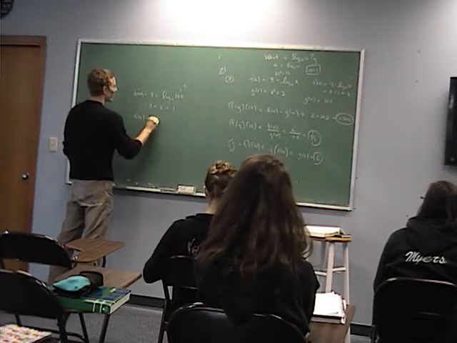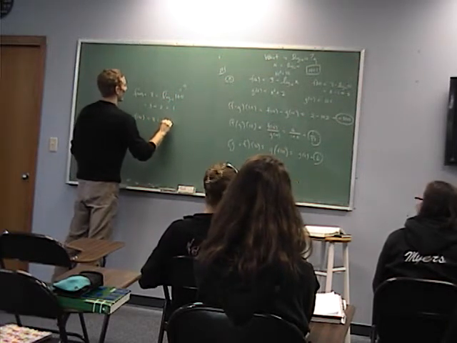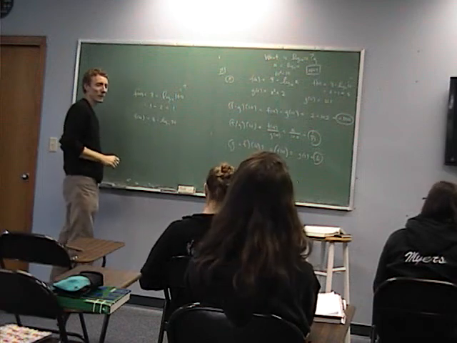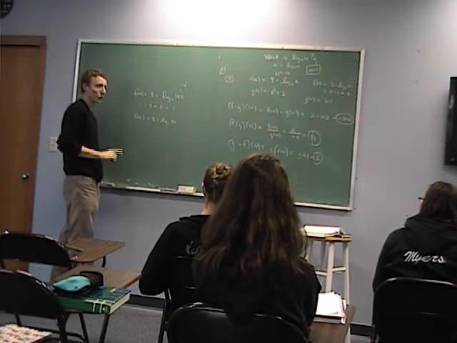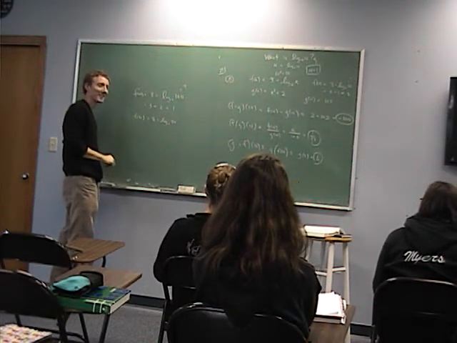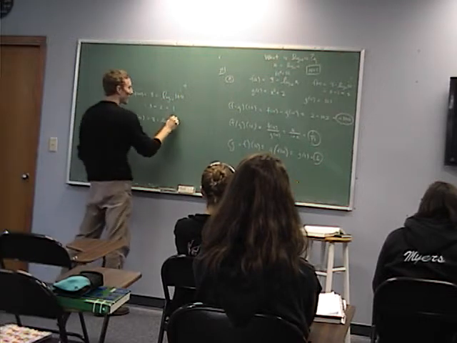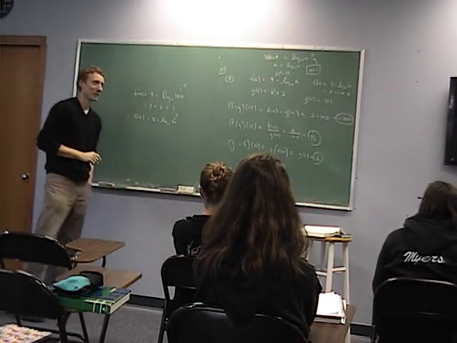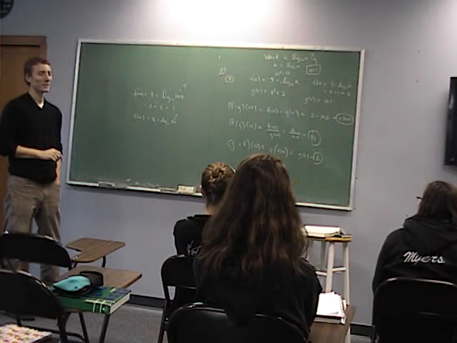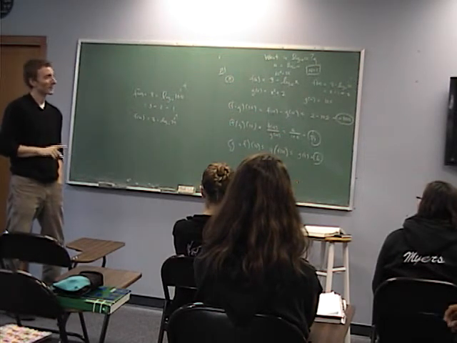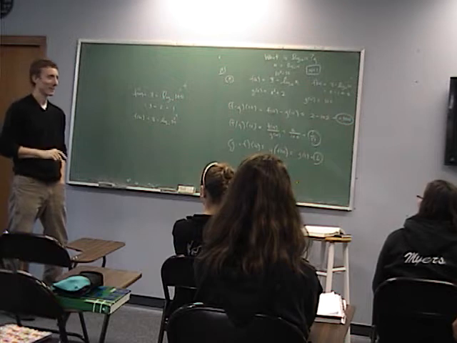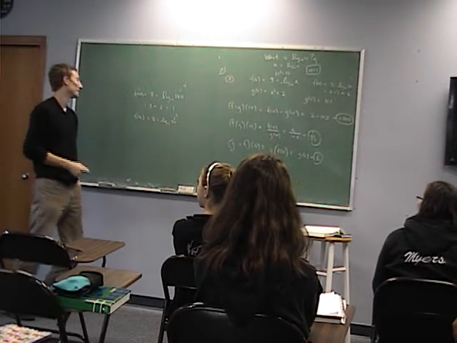But just to be clear here, if you had this, that would be really, really hard. You'd have to really know your 10 tables. Because I don't know what power you have to raise 10 to get 20. I don't know. It's something. It's more than 1, less than 2. It's somewhere in between. Is it 1.1? I don't know.